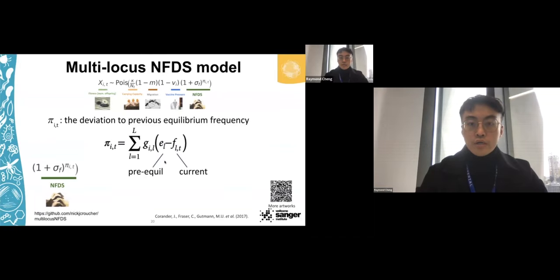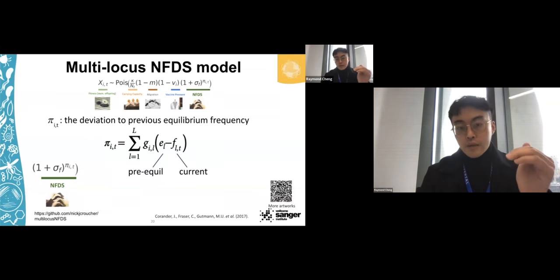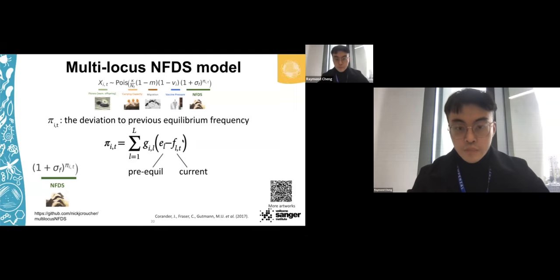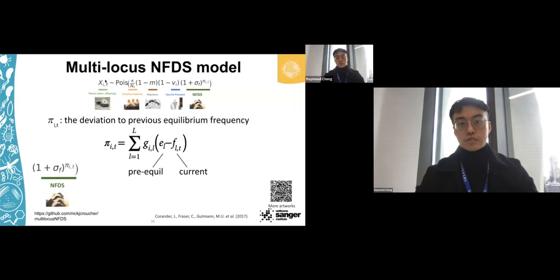In the pneumococcus example, we assume that before the vaccine was implemented, the pneumococcal population had already reached equilibrium, so there is a pre-vaccine equilibrium frequency. Then we collect data and observe the current frequency of each gene, and here we sum all of the genes together. So it is a multi-locus NFDS model, considering multiple accessory genes all together.